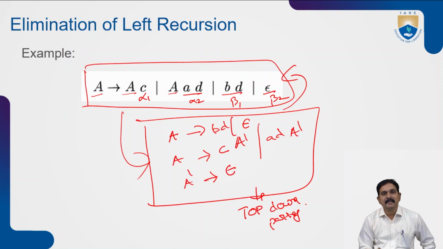The reason is that top-down parsing cannot handle left recursive grammar productions. Top-down parsing can handle non-left recursive grammar productions. For that purpose, it is required to convert left recursive grammar to non-left recursive grammar. So that is the advantage of eliminating left recursion.